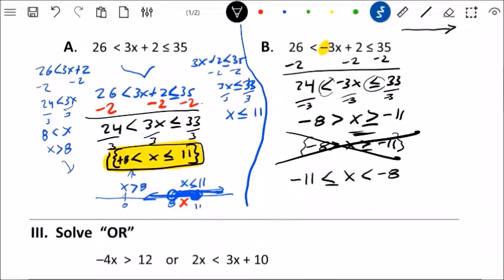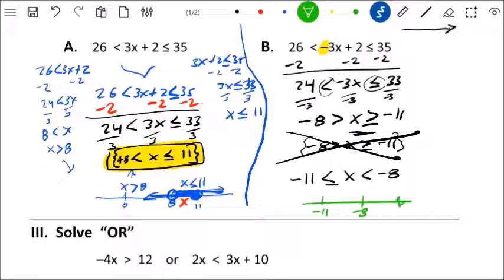The reason I did that is because this is now in keeping with the normal number line. That's negative 11, that's negative 8, and somewhere down here is 0. This is condensed space between them, because 0 to negative 8 should be a little larger than that.